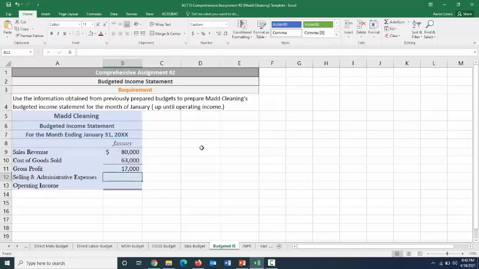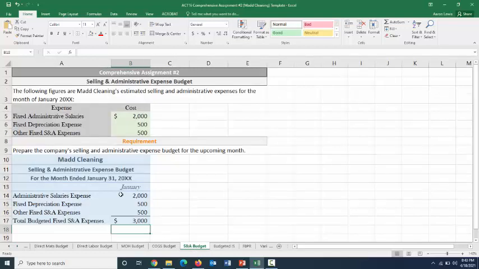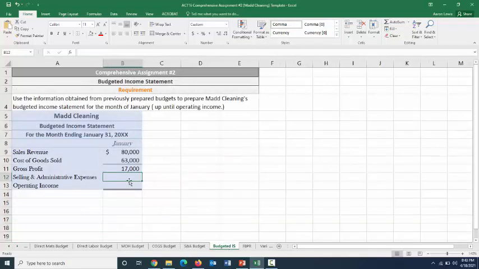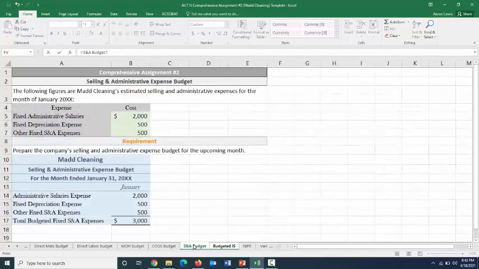And then we have our selling and administrative expenses, all the costs that we're going to incur which we cannot inventory. Well, we made a budget for that. On our S&A budget, we see that Mad Cleaning is expecting to incur $3,000 worth of non-inventoriable selling and administrative costs during the period. So we can take that number from our S&A budget of $3,000.